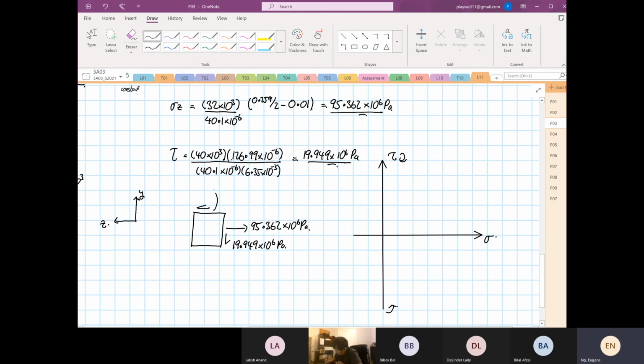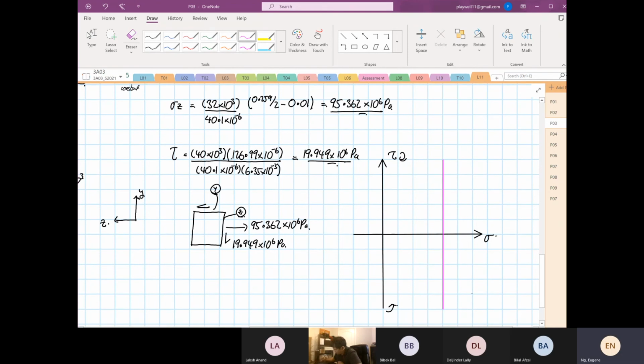So this is our point Y, this is our point Z on the Mohr circle. Again, this is just a sketch. So this is your stress Z line, this is your stress Y line, and then you have your shear line.